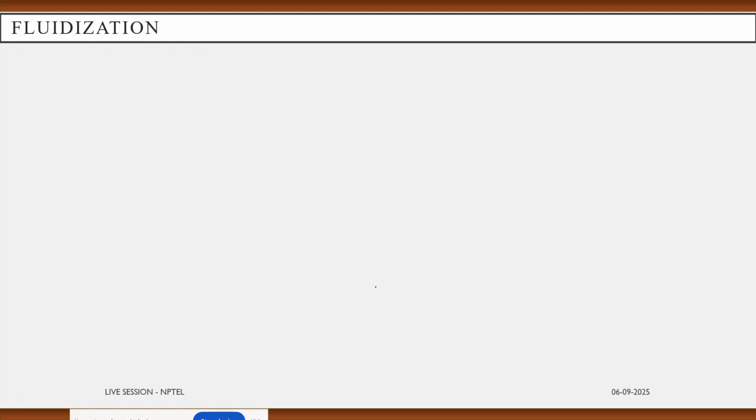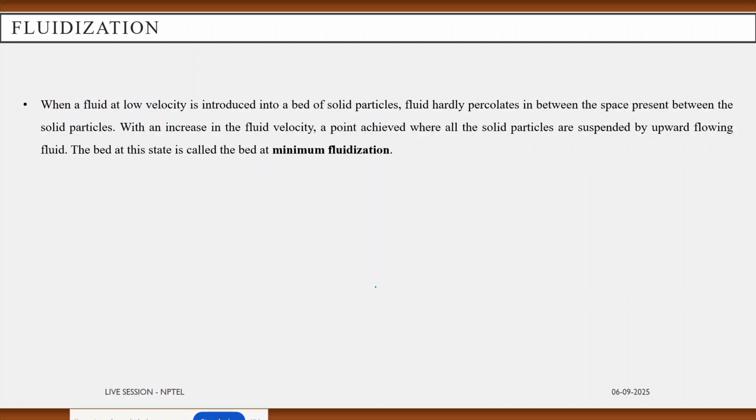Next part we are going to learn about fluidization. When a fluid at low velocity is introduced into a bed of solid particles, the fluid hardly percolates through the space present between the solid particles. With an increase in the fluid velocity, a point is achieved where all the solid particles are suspended by the upward flowing fluid. The bed at that stage is called minimum fluidization.